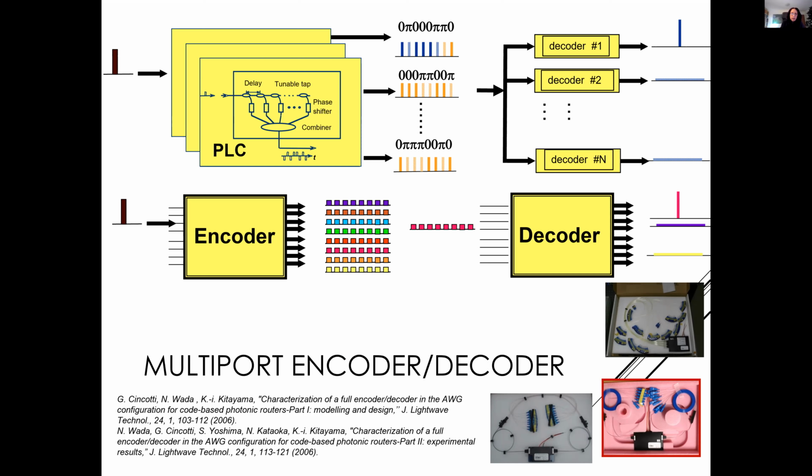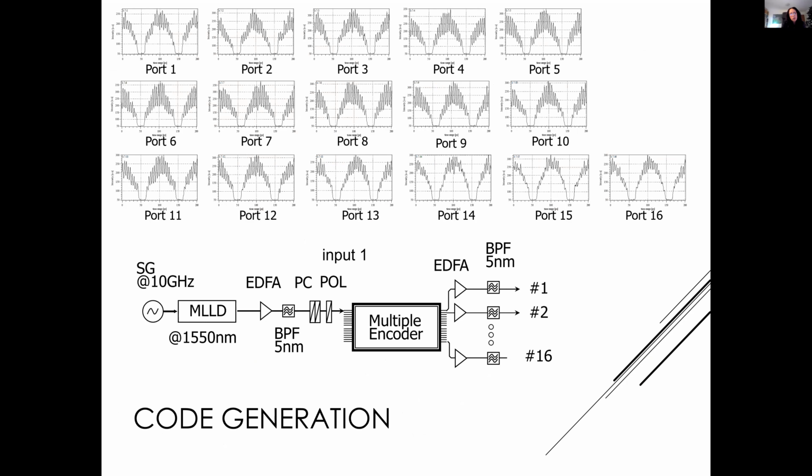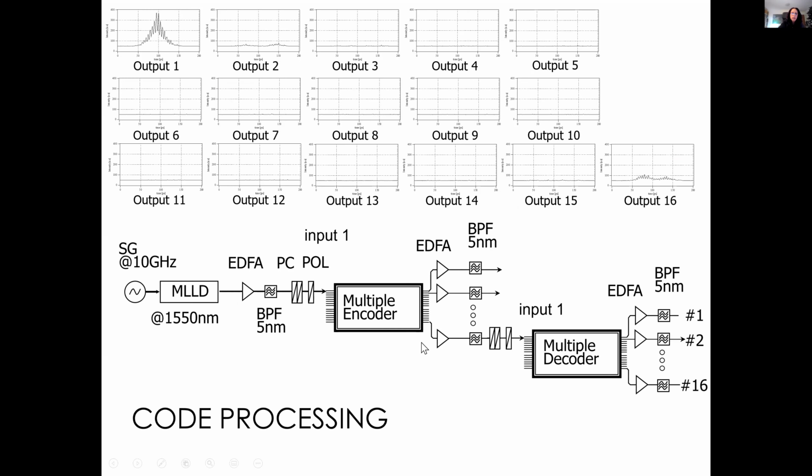The nice part is that it works very easily, it is fully passive, so you don't have to use amplifiers or modulators. You send the pulse into the multiple encoder, and you see here the codes generated at the different ports. And if you want to read the code, send the code inside the multiple encoder.